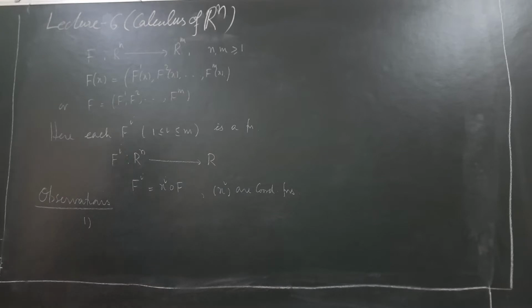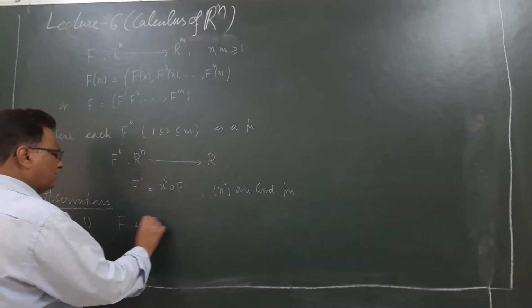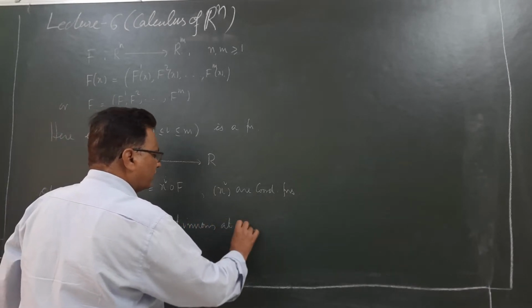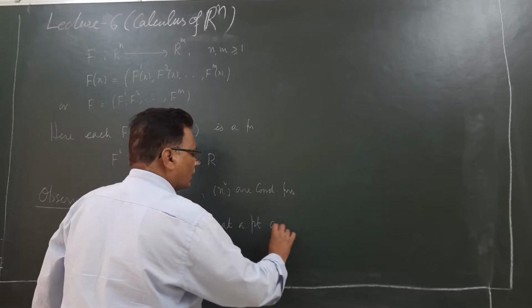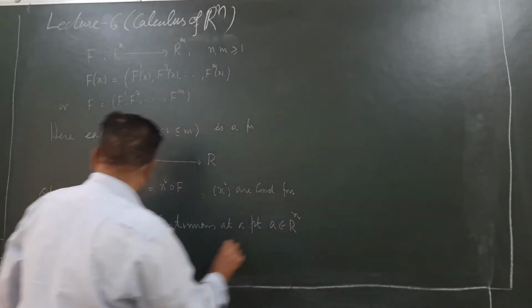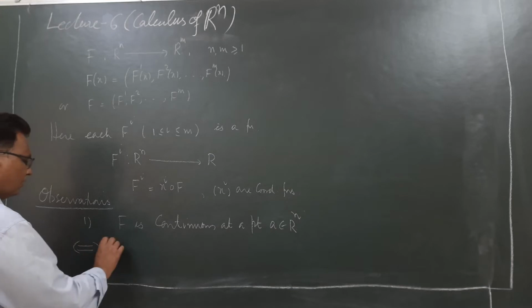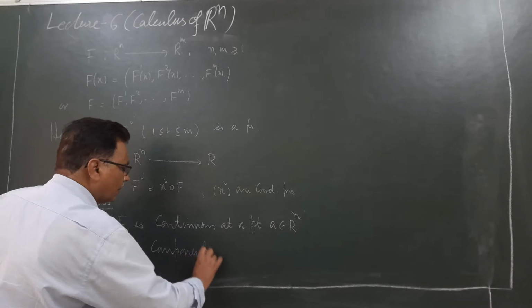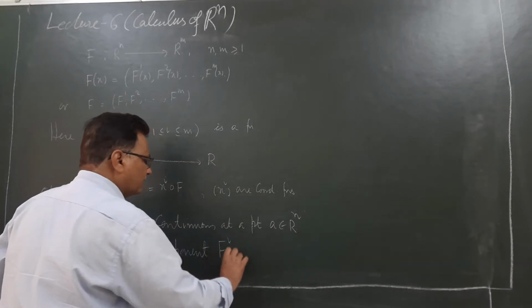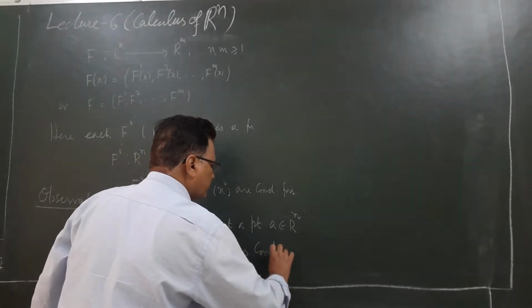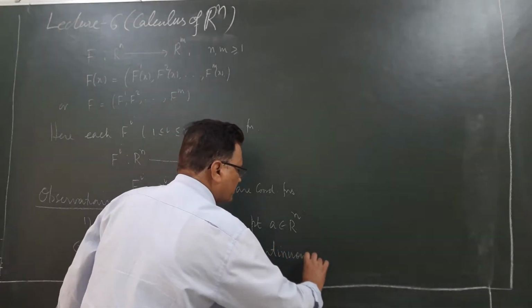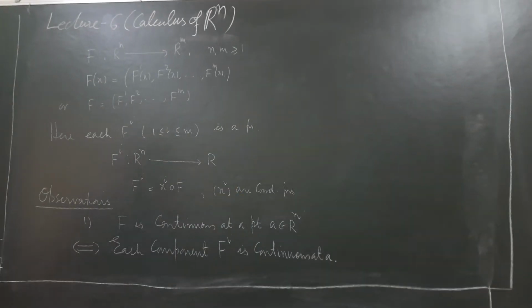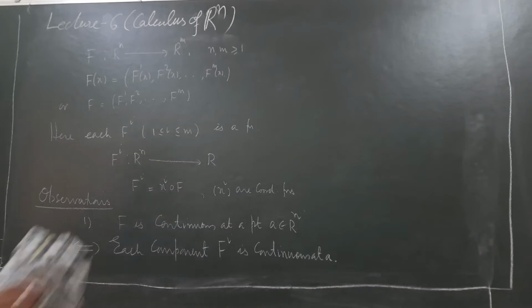F is continuous at a point, say A in Rn, if and only if each component fi is continuous at A. Proof is easy. You just observe the following.